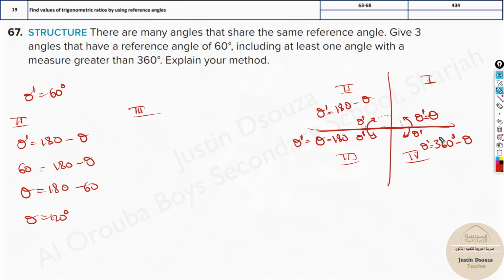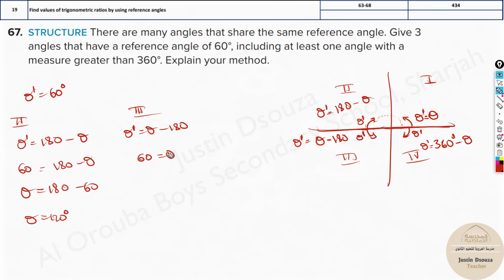Now for the third quadrant, let's do it for all quadrants. They have just asked for 3 angles, so you can do two quadrants and one more is 360. That is very easy. But let's do all four quadrants first. Now the first quadrant, it is 60 itself. Next one, over here we found 120. Now the third formula, let's write it. Theta dash is equal to theta minus 180 degrees. Now what is theta dash given?